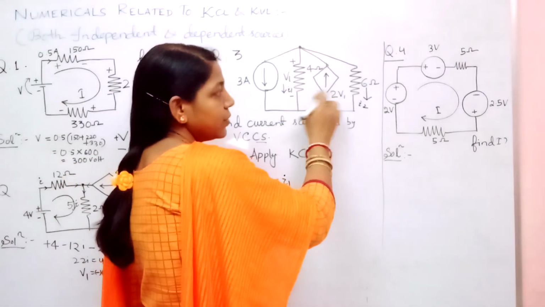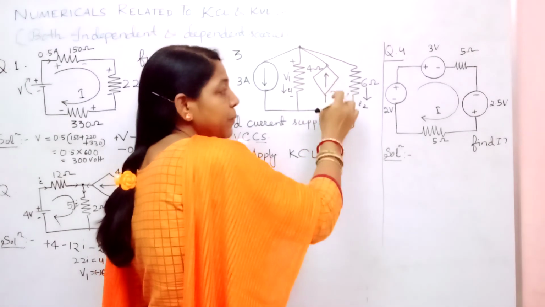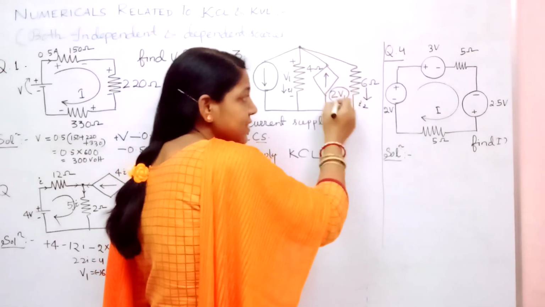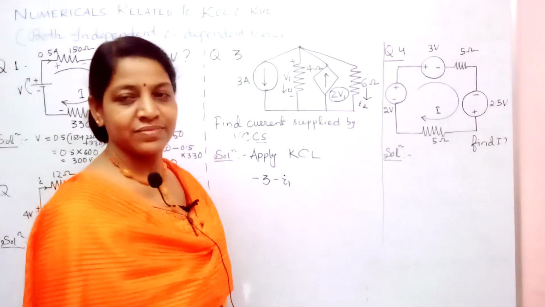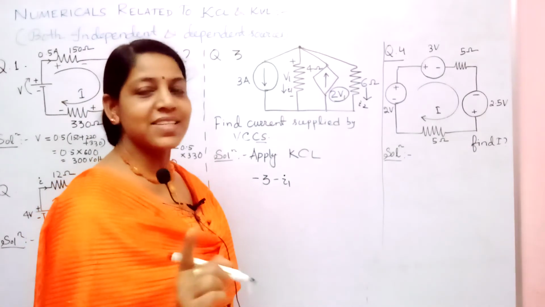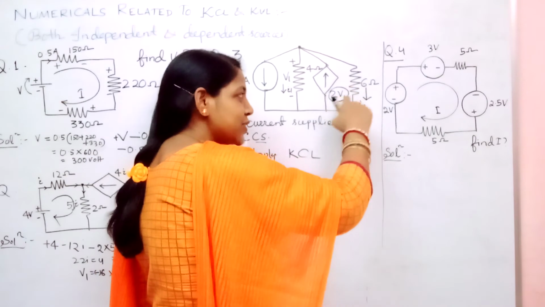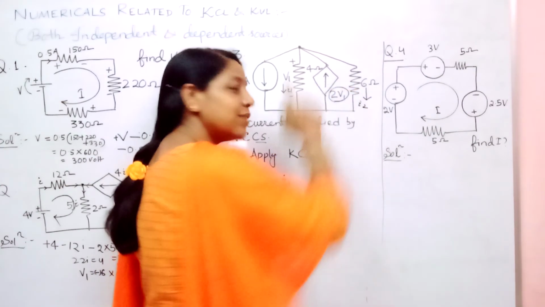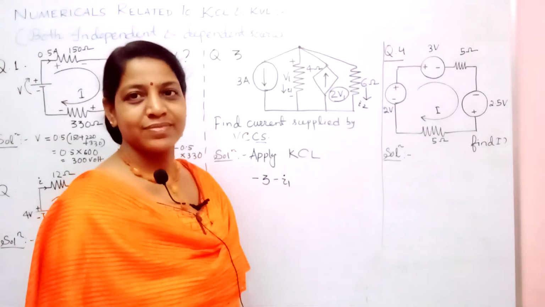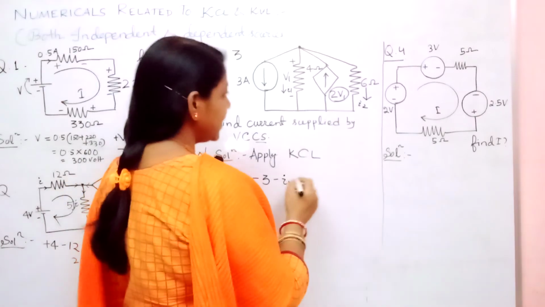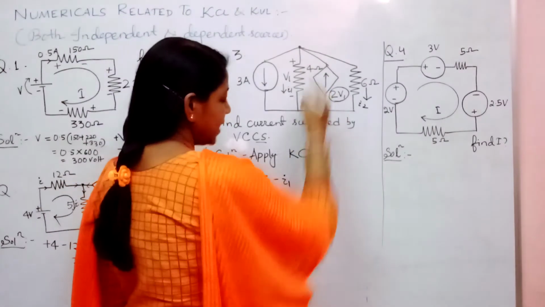This current source is dependent on this voltage, but what it is, is the current. Don't think it's a voltage. It depends on voltage, but if you substitute the value of this voltage, it is nothing but that current. Clear? So what will I write it as? So it is the current which is entering.